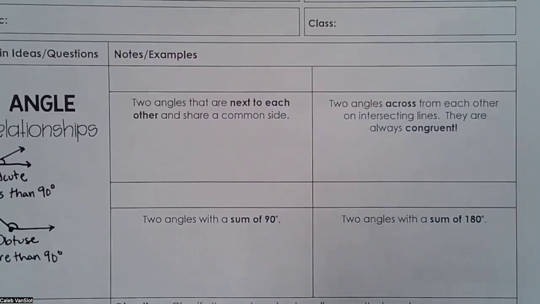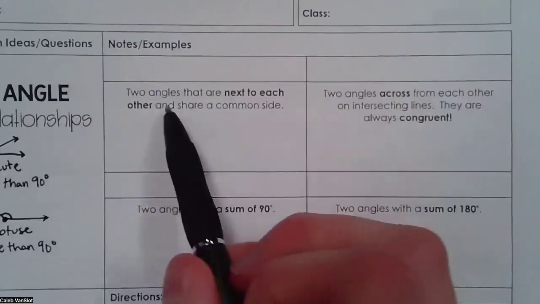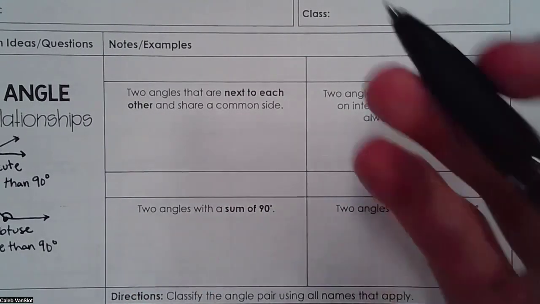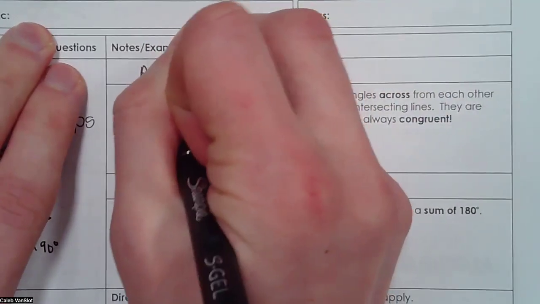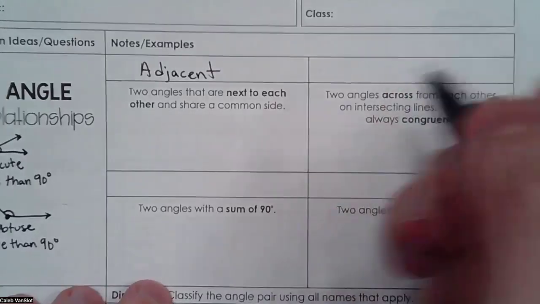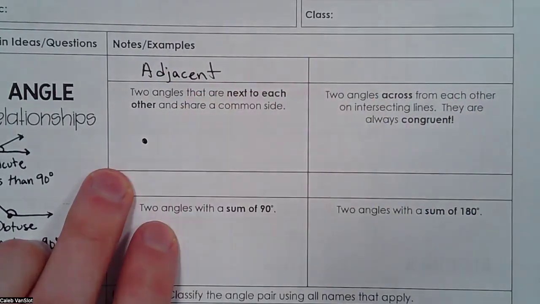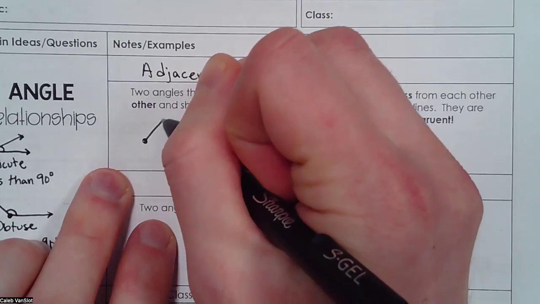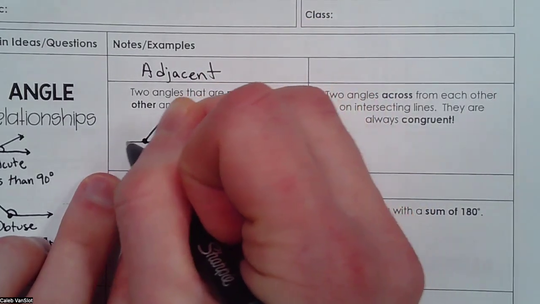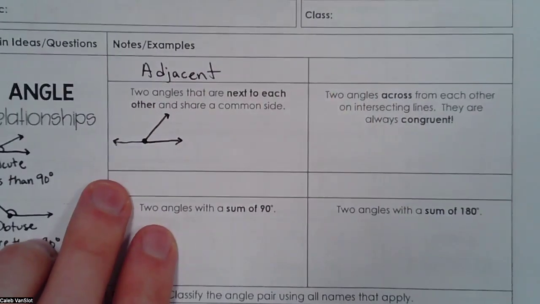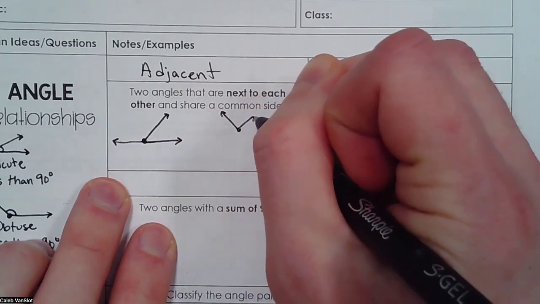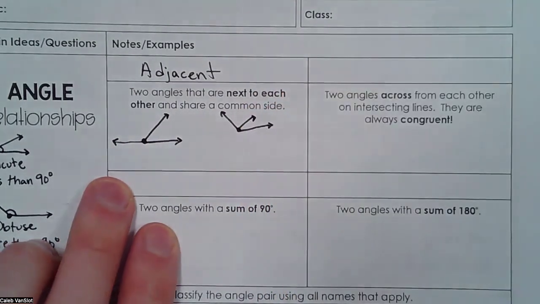Okay, so we're going to jump into these angle relationships. Okay, you guys, what do we call two angles that are right next to each other and share a common side? Yes, these are our adjacent angles. Okay, so they can look a lot of different ways, right? They share a vertex and they share a side, right? So we could have adjacent angles that look like this, or it could look like this, right?